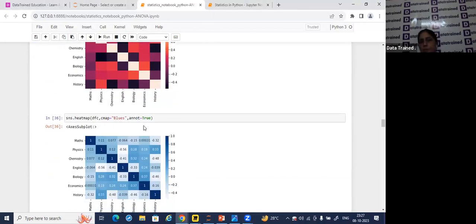And this one, cmap is equal to Blues here. So we are just reading the inferential steps.